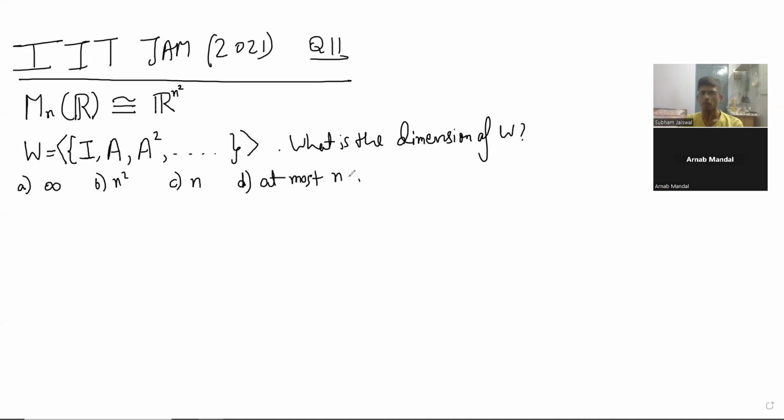Elements of a matrix. What does that mean? If I take a matrix A B C D, then A B C D should also be spanned by the elements of I, A, A square, all that. I don't understand because these are numbers and these are matrices. So how do matrices span numbers?